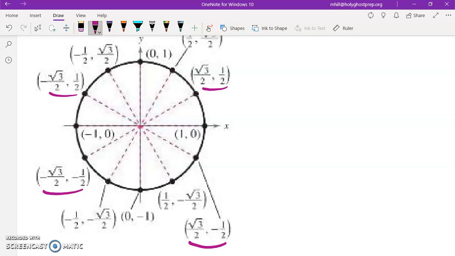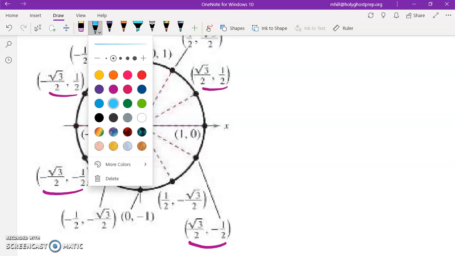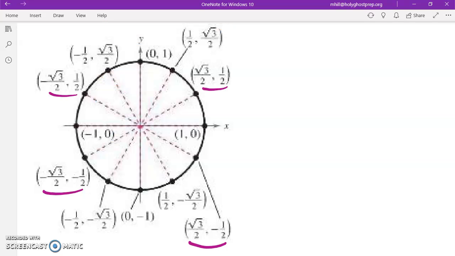And if we deal with the 60-degree angle one, and I'm running out of space, so here we go. The 1/2 comma root 3 over 2. This was pi over 3, this triangle here. So the reflection of that one is this, this, and this, the 4 inner ones for this. So those 4 are a reflection of 1/2 comma root 3 over 2.